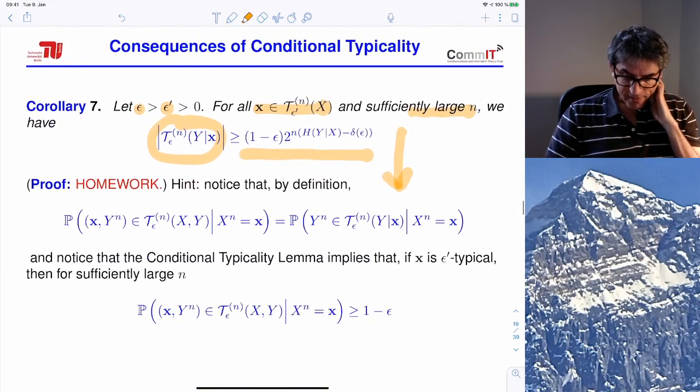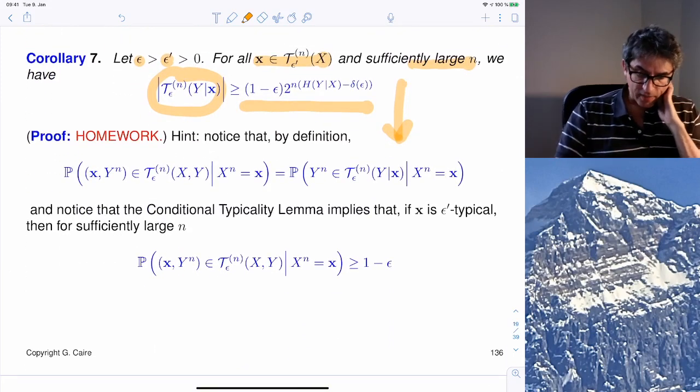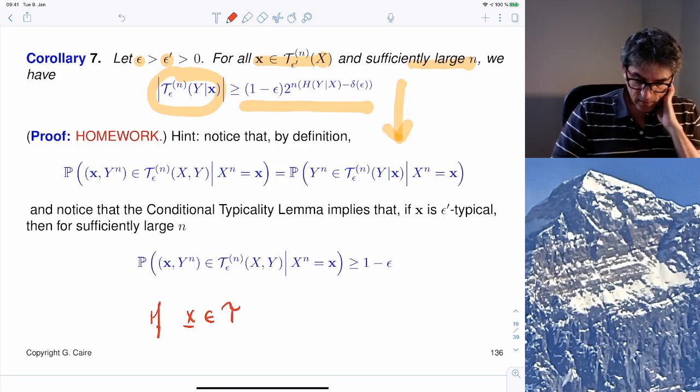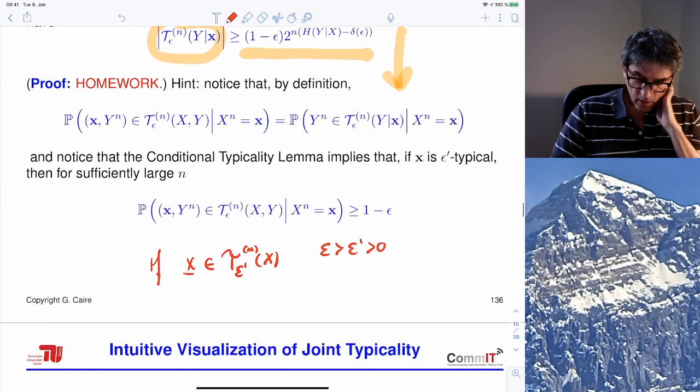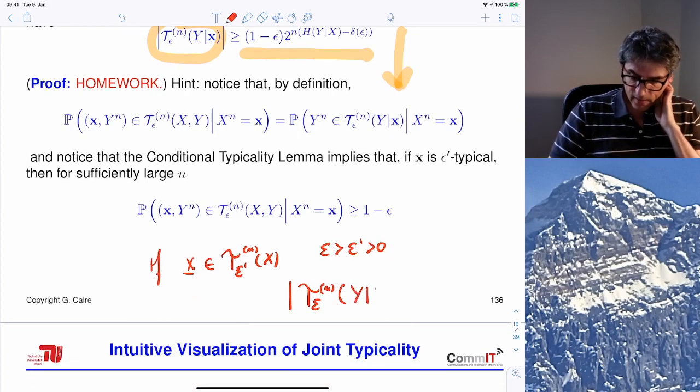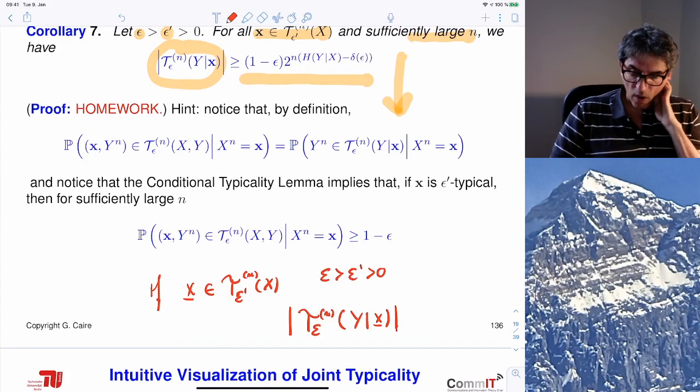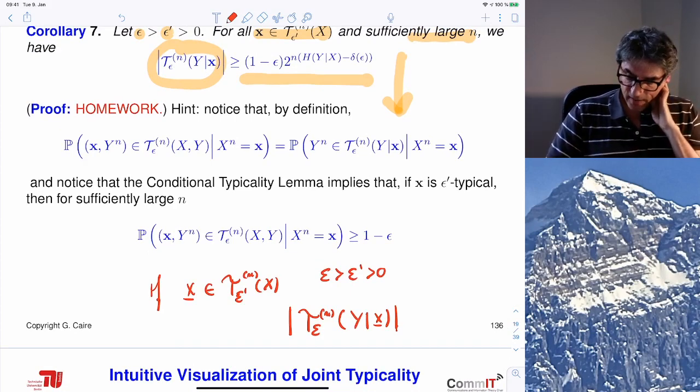So the bottom line is that also for the conditional typical set, if x is epsilon prime typical, and we take epsilon greater than epsilon prime greater than 0, for sufficiently large n, the cardinality of the conditionally epsilon typical set on y, which is a subset of all the y's that are jointly typical with x, is exponentially given by 2 to the n times the conditional entropy.